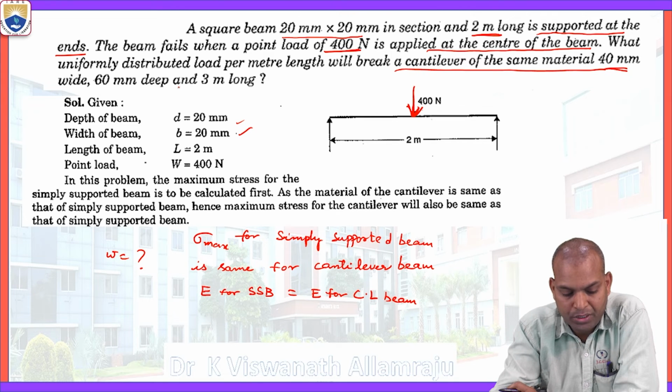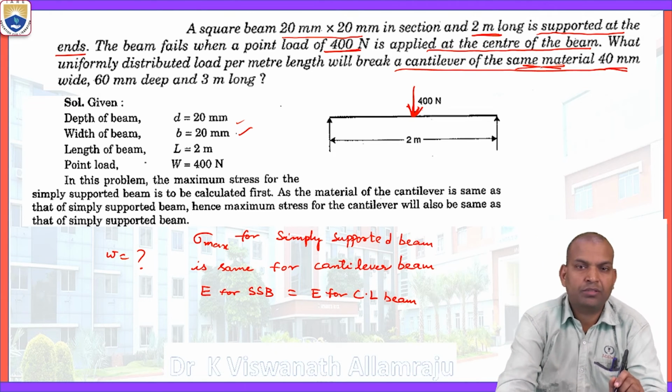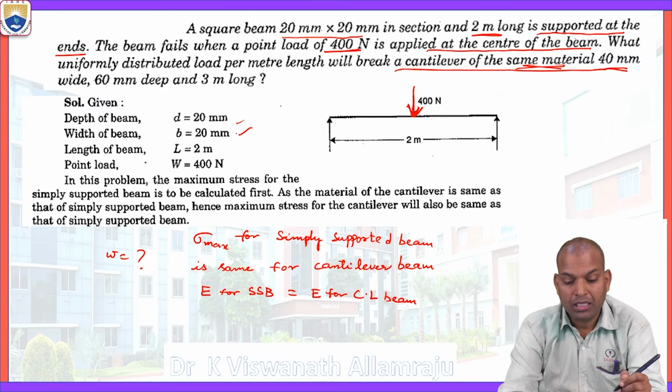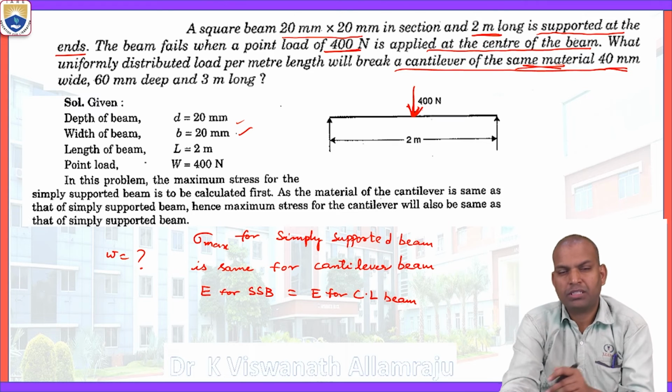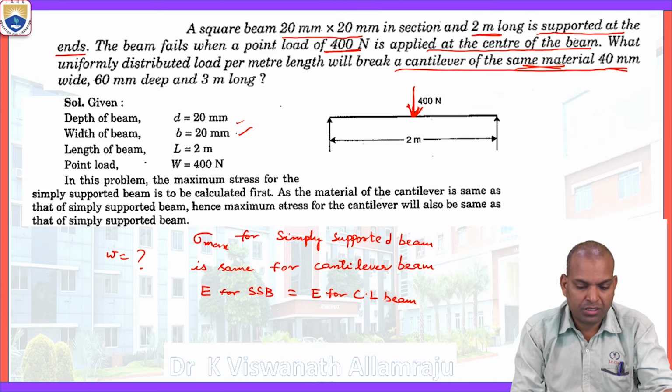For the simply supported beam, we first calculated the maximum stress at which the beam fails. Since the material is the same, we consider the same sigma maximum stress. The stress remains the same for both the beams. From the first case, the simply supported beam, by using section modulus and moment resistance, we calculated the sigma maximum.